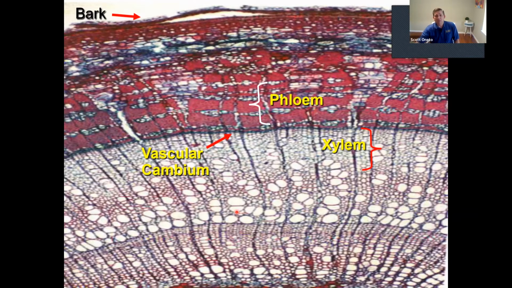And so when this vascular tissue, or this lateral meristem, was down here, right? So if we go back in time and it was down here, it was making all these big fat cells. And so if you think about timing of year and what plants are doing, when is there lots and lots of water in the soil?